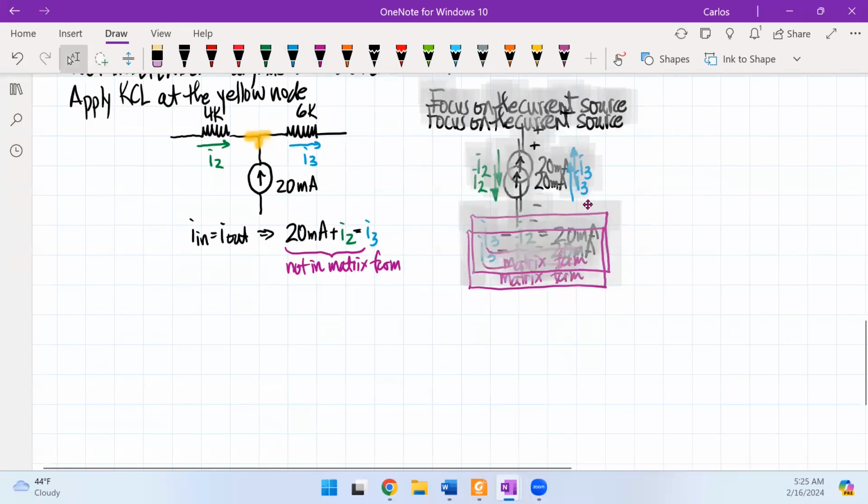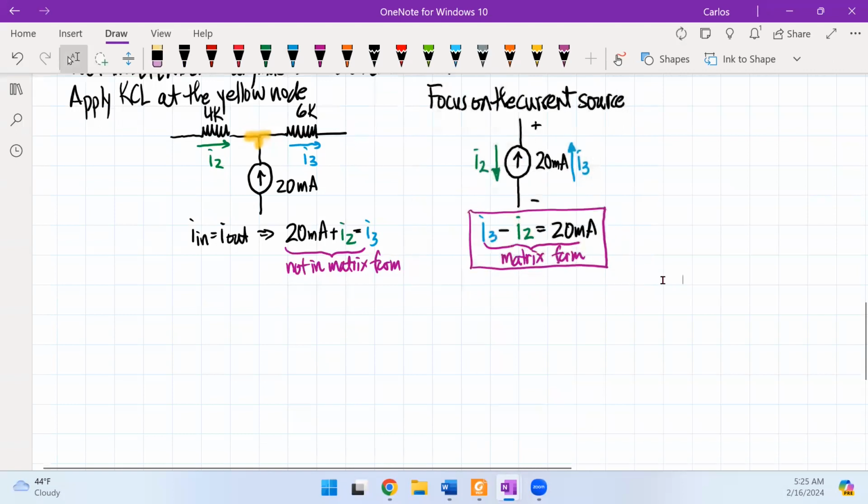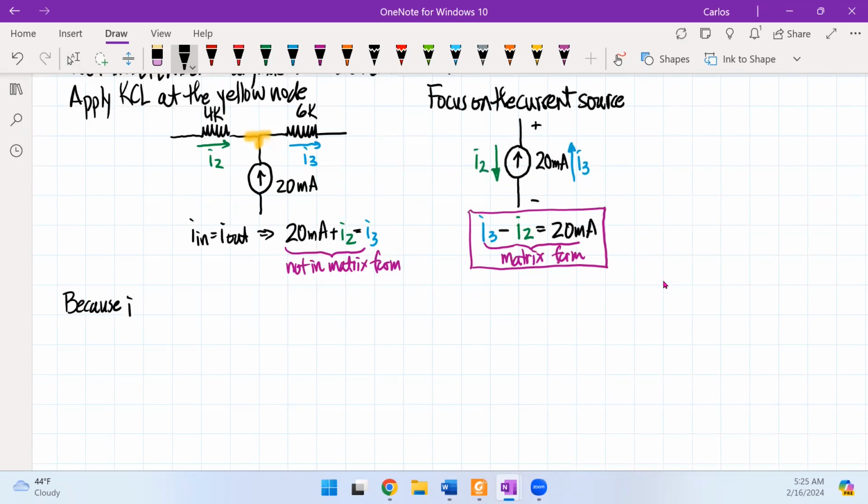So I'm going to move this up just a little bit. Now what we're seeing here is that because I2 and I3 are dependent upon each other. What do I mean here?